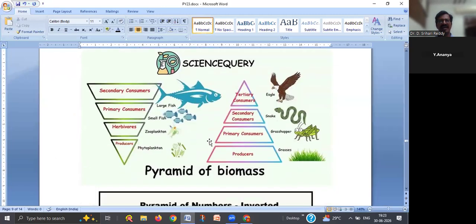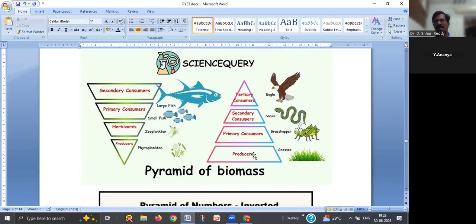You see here the pyramids of biomass. They are asking about the pyramids of biomass in the aquatic system, in the marine ecosystem, versus the normal ecosystem, such as the grassland ecosystem. In normal ecosystems, we see this normal upright pyramid. Here you see producers, primary consumers, secondary consumers, and tertiary consumers.